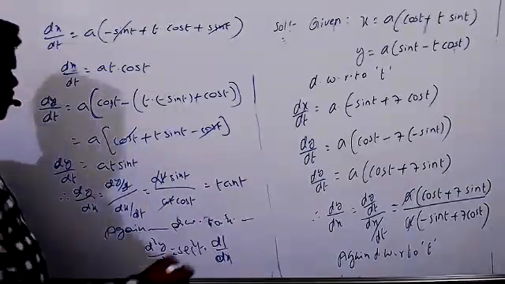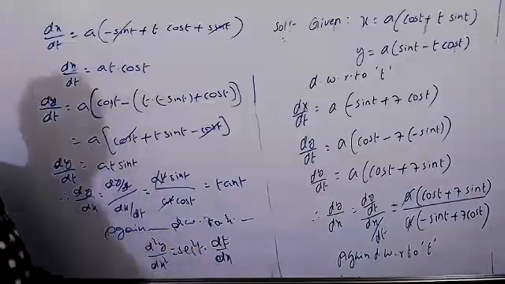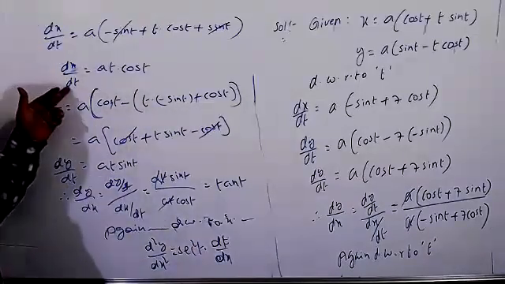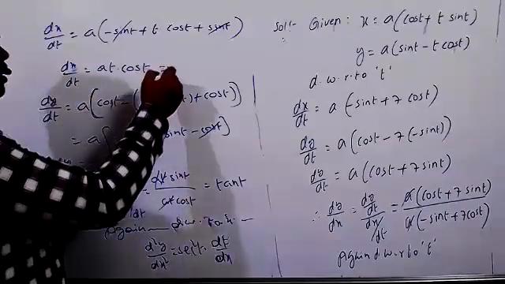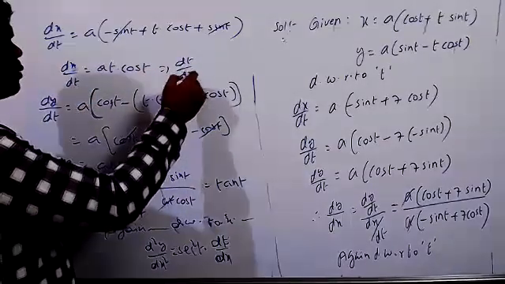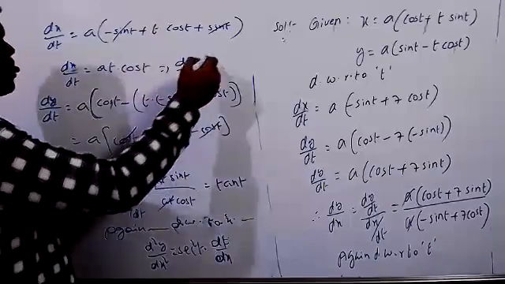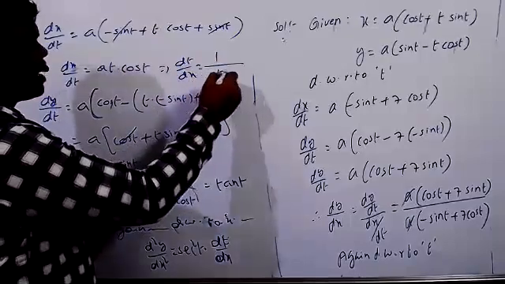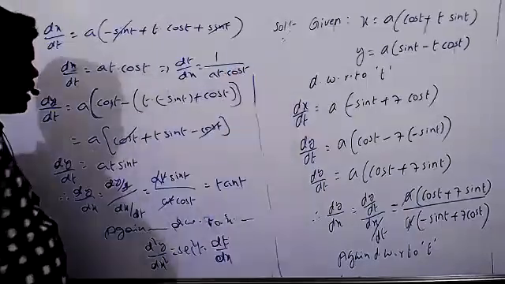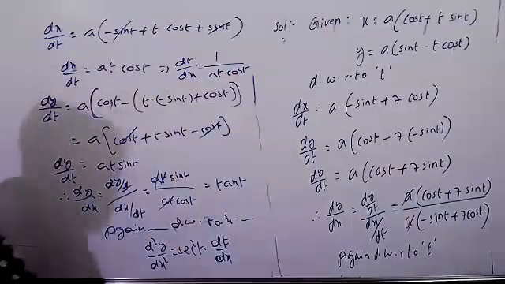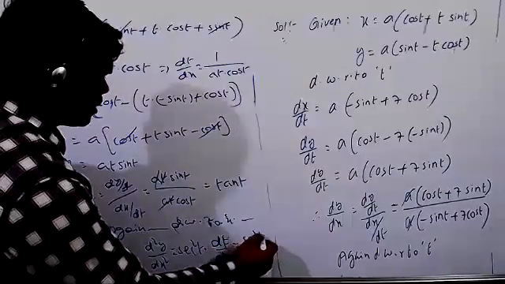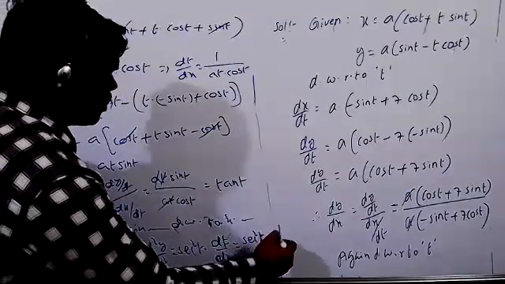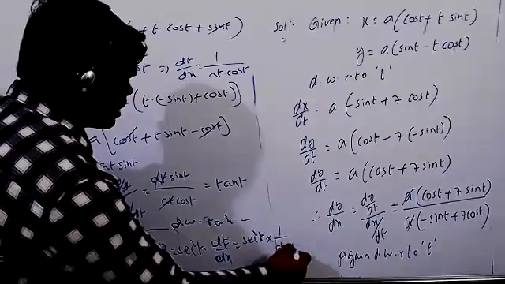But previously we got dx by dt equal to how much? At into cos t. So based on that, if we take dt by dx, how much will we get? Take the reciprocal of this number: 1 by at into cos t. That one you can substitute in there. So it is secant square t into 1 by at into cos t.